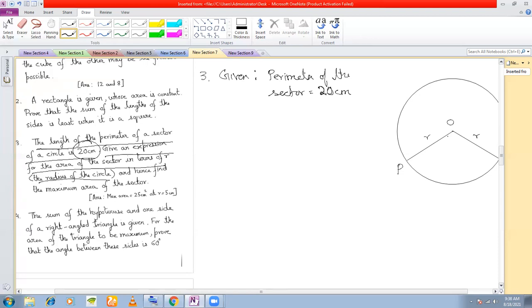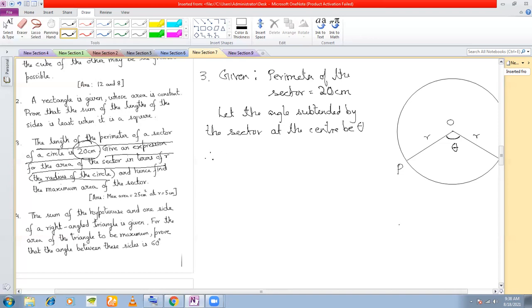Now let the angle subtended by the sector at the center be theta.